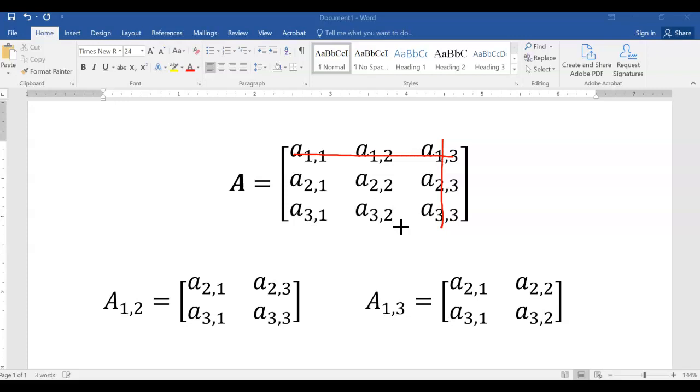Now, one thing I wanted to mention here, especially important in this A12 matrix, is that if you eliminate row 1 and column 2, notice that my new submatrix still starts with the upper leftmost value, then moves to the right and then goes down 1. So in other words, you're not going to start this matrix with A23.